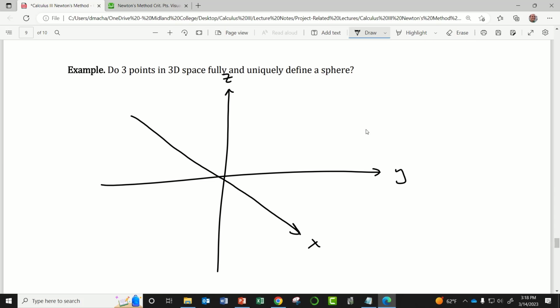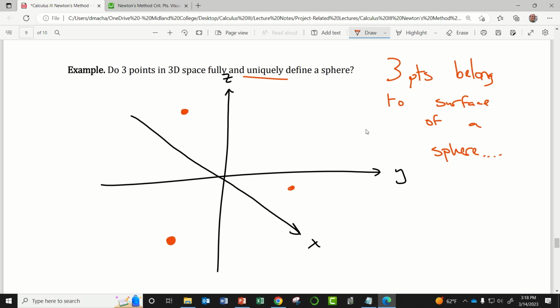This is 3D space. And if you have 3 points just floating arbitrarily in space, and I tell you these 3 points belong to the surface of a sphere, does that fully and uniquely define the sphere?